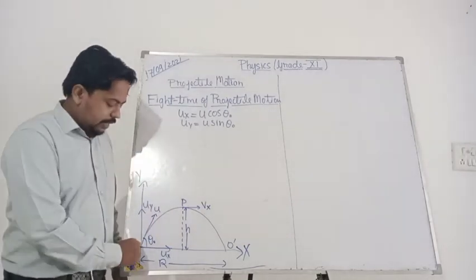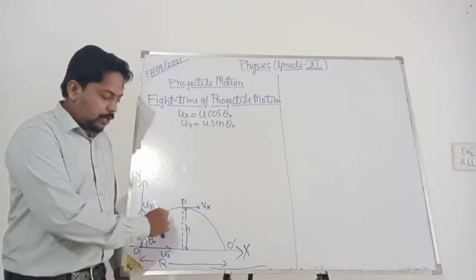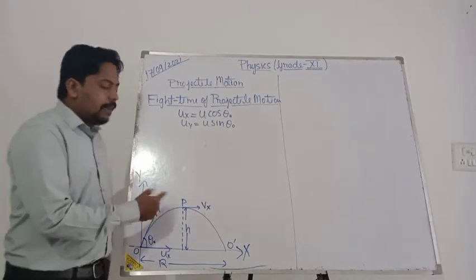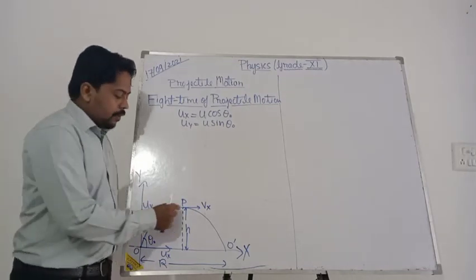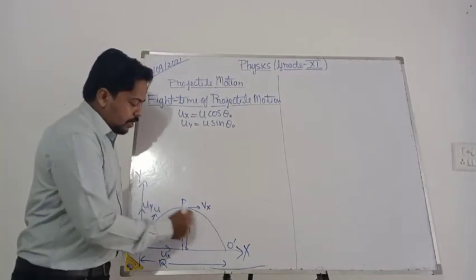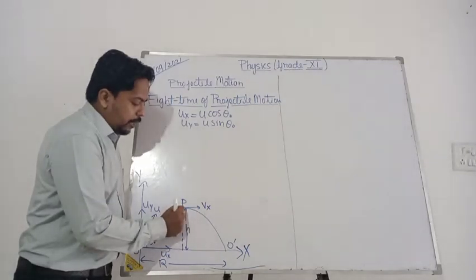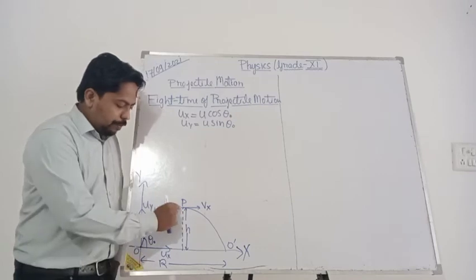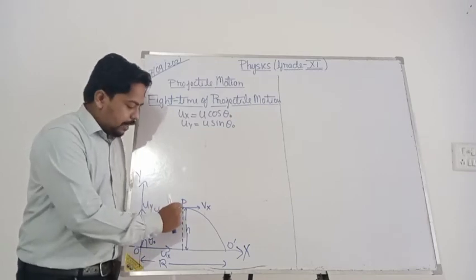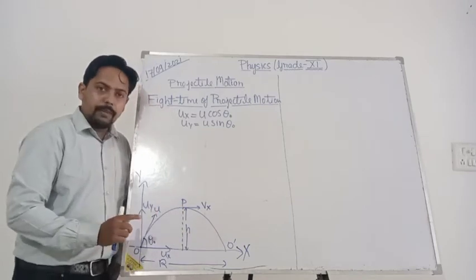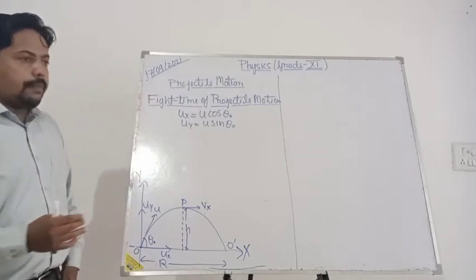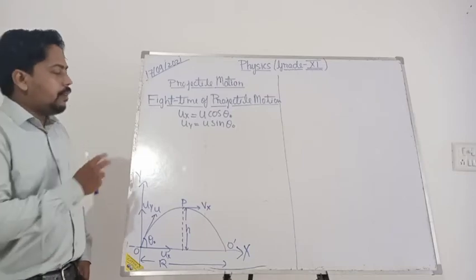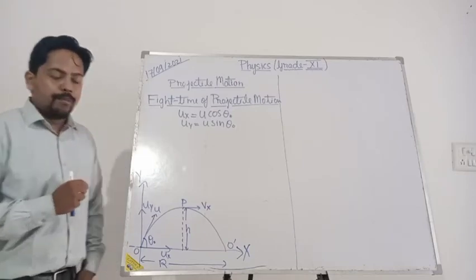I am assuming the time taken by the particle from point O to point P is t, and the same time will be taken to cover the distance from point P to point O dash. So time taken from O to P will be equal to the time taken from P to O dash, because we are applying the condition of constant acceleration, and that's why we are using the equations of motion here.